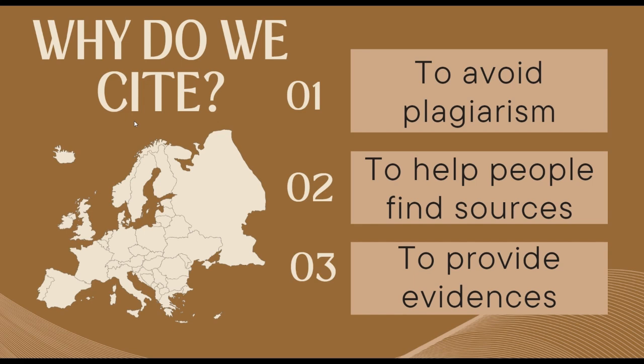If readers want to read more about the source, they can easily find it with the help of citations. And lastly, it is to provide evidence. Of course, in order to make our research factual, it is important to provide evidence from previous studies for our arguments and for our research paper to be reliable.